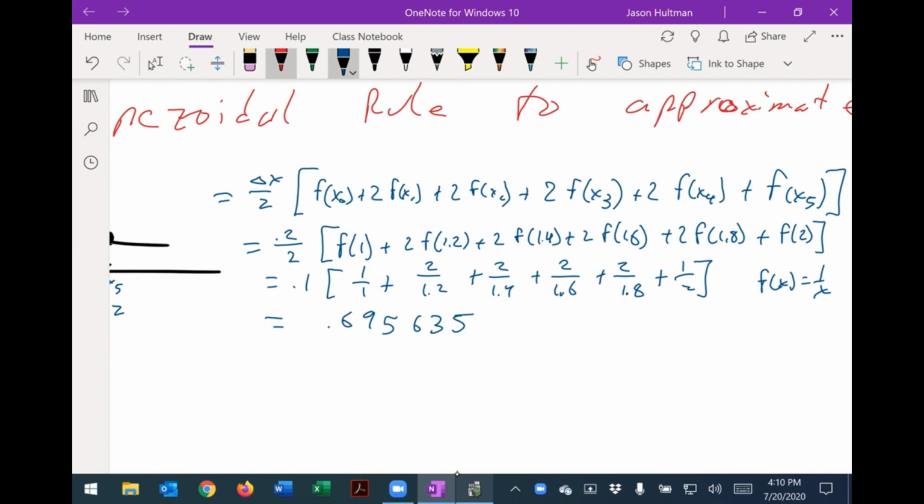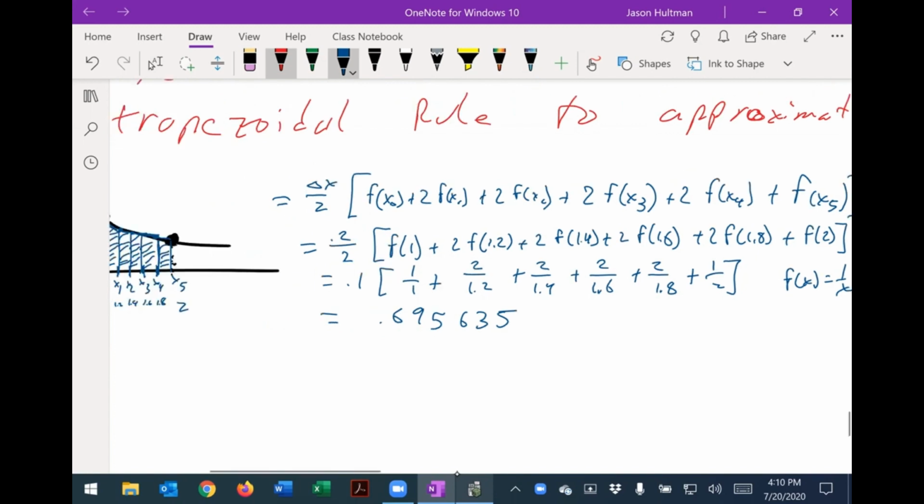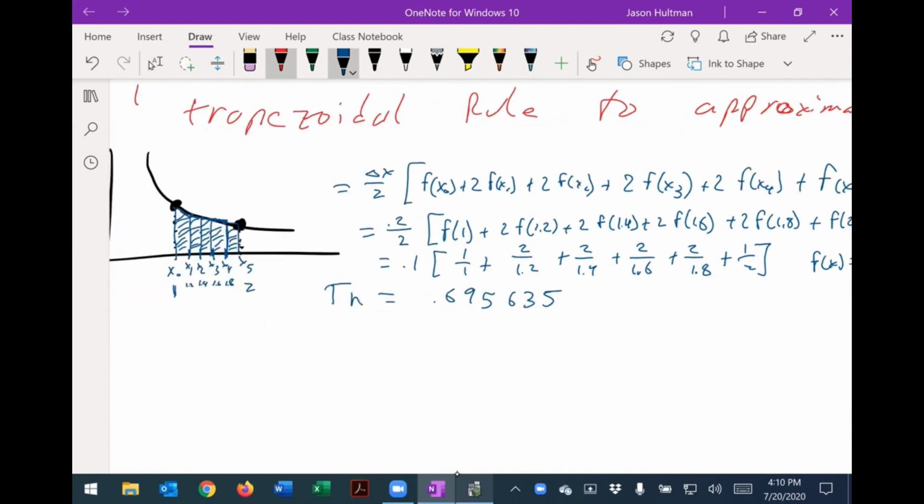This is the trapezoidal rule, T sub 5. So T sub 5 is equal to this. M sub 5, what was M sub 5? M sub 5 was 0.691908.